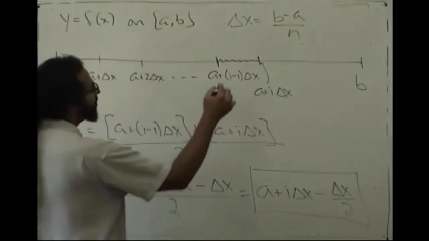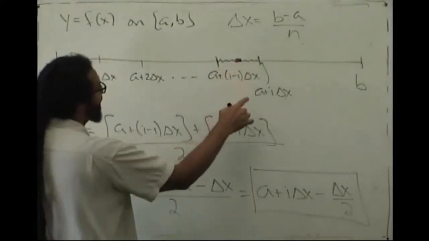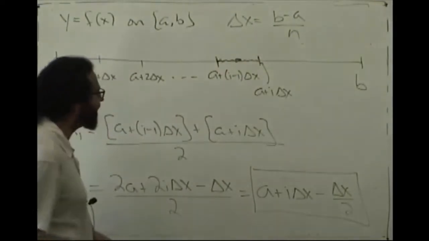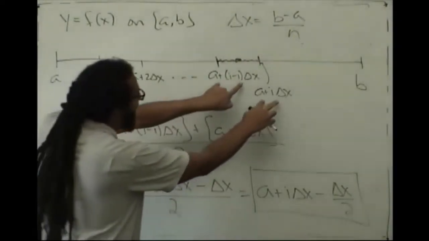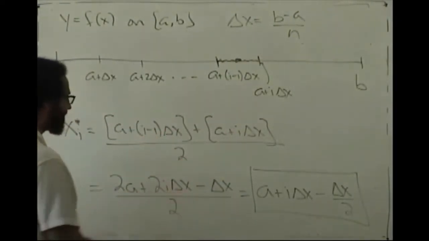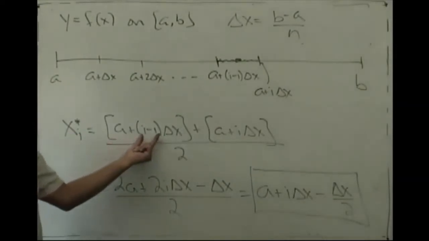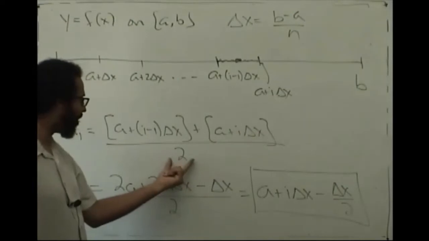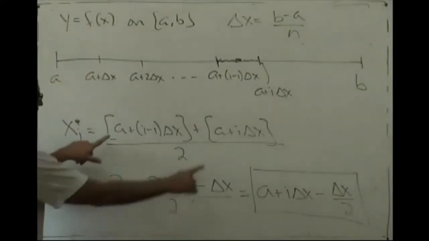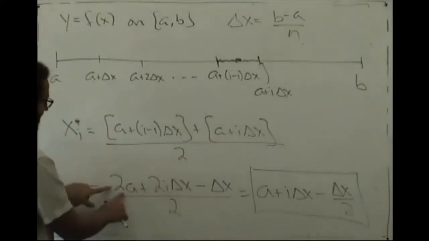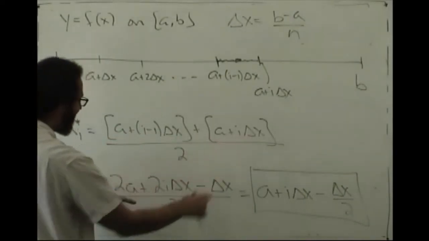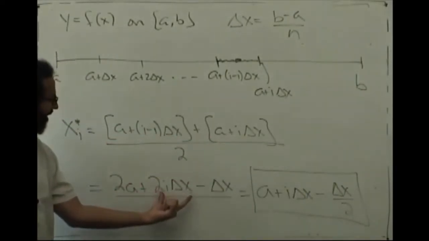So what we want to do is to find the general midpoint of this ith subinterval. And how do you do that? Well, I'll add up the two ends and then divide by 2. So I've got a plus (i minus 1) delta x plus a plus i delta x, all over 2. So here I'm going to get 2 a's, and then an i delta x and another i delta x, so I've got 2i delta x.